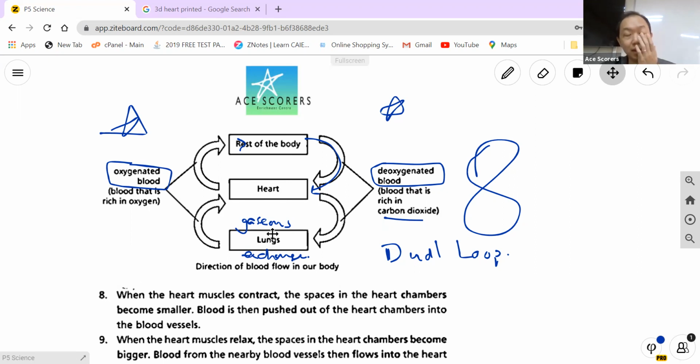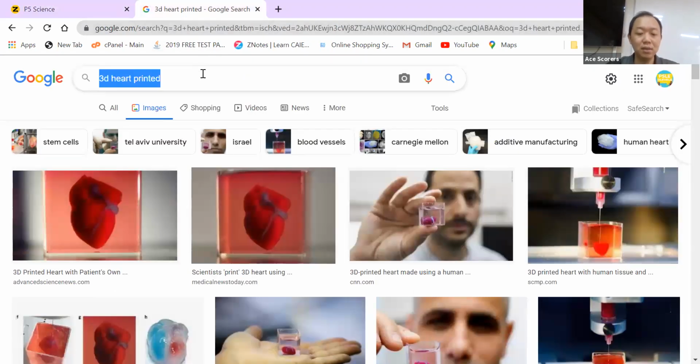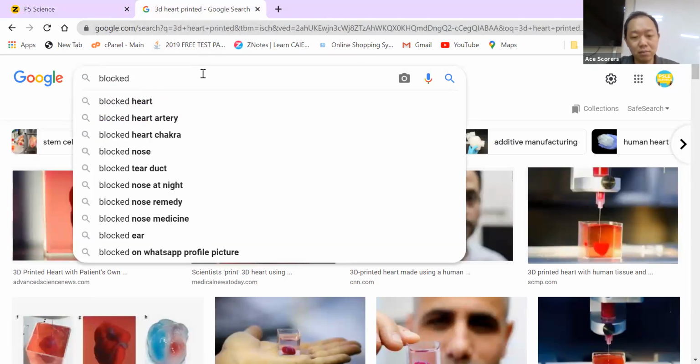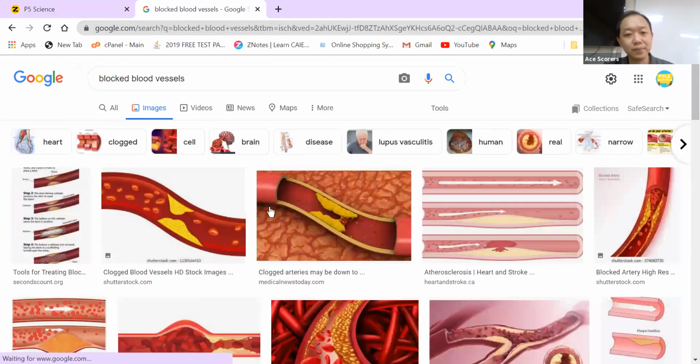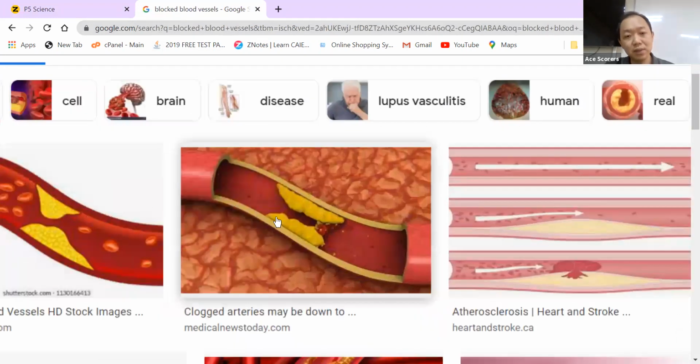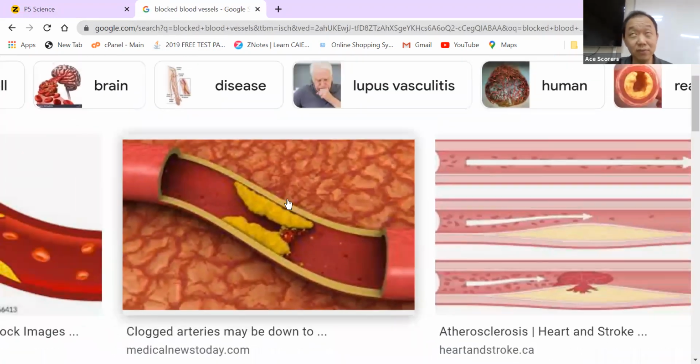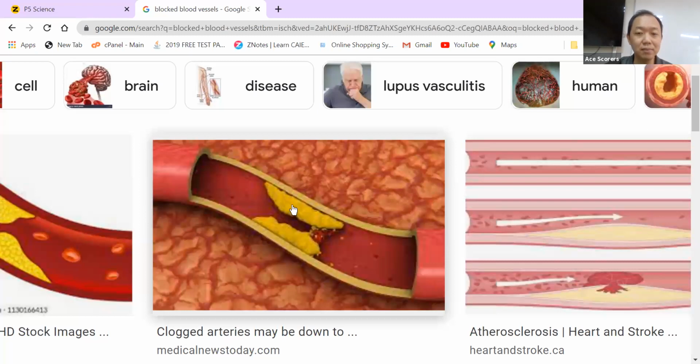And also when someone eats a lot of calories, the vessels get blocked. So blocked blood vessels. This is what happens: a lot of calories or fat get stuck between the arteries. In this type of situation, do you think the heart needs to work harder?